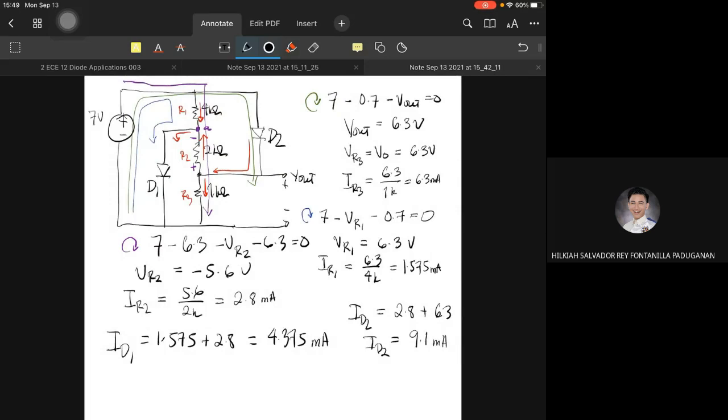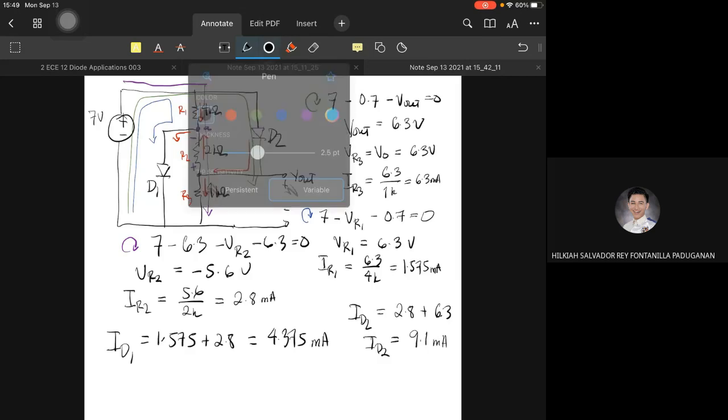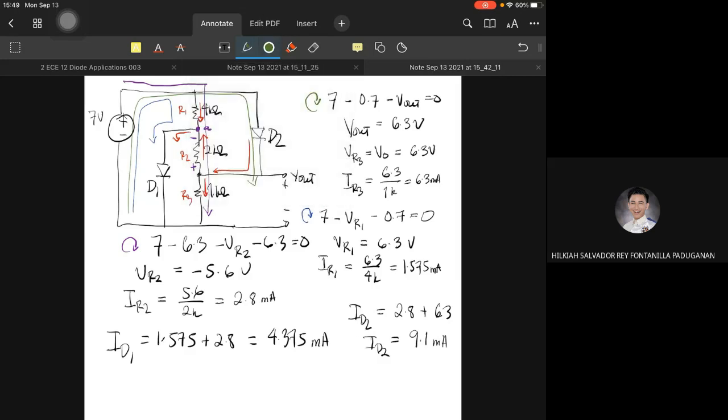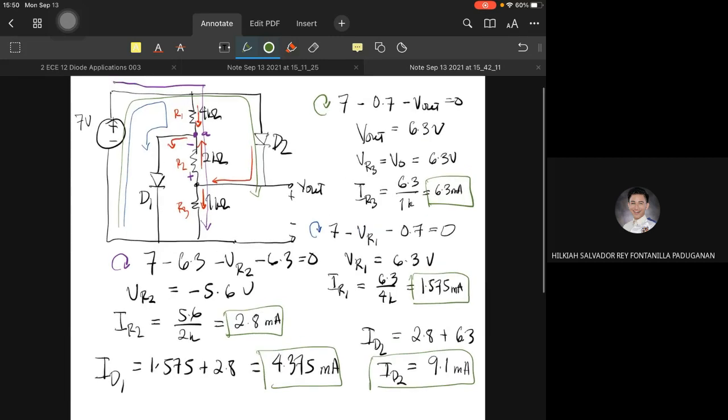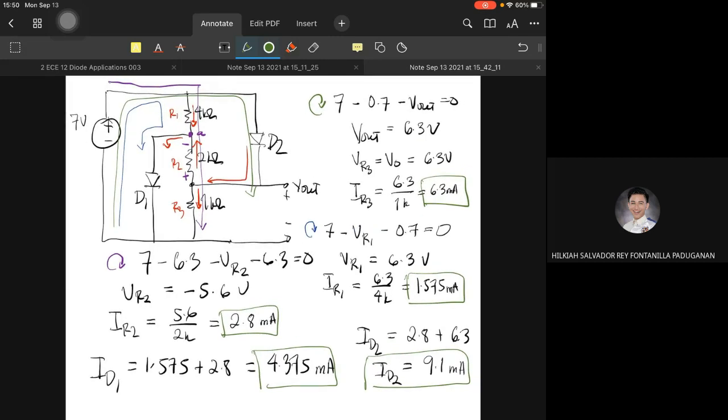Did you get these values? If not, just try to review this one so that we could move on to our next topic.